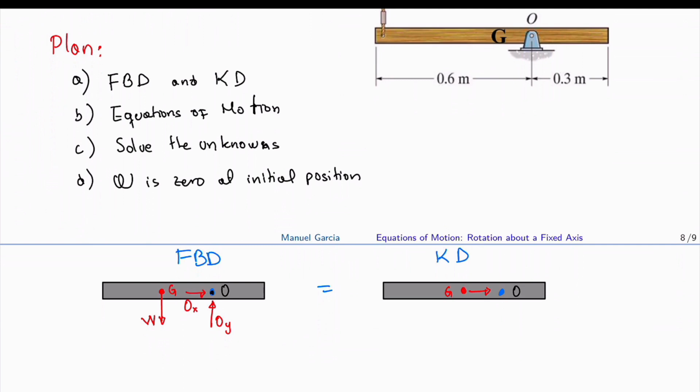This is the normal component because it's towards the center of rotation, and this is moving downwards, so this should be the tangential and this should be the normal acceleration, and this is rotating in this direction, so we have Ig multiplied by alpha.